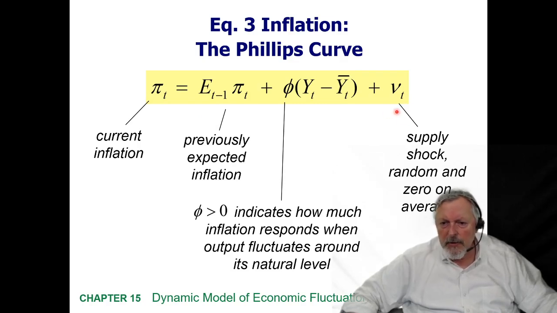Supply shocks: a good example is the 1973 Arab oil embargo, when suddenly the supply of petroleum, which was a fundamental input to production of pretty much everything, shifted left. And this phi is the sensitivity parameter: how much inflation responds to the output gap.